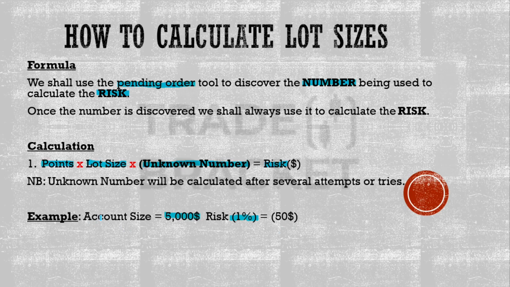Remember, when it comes to risk management, you want to risk a certain percentage of your account, preferably 1%. You can go as high as 2%, but I advise people not to go beyond 2%. Or you can even go below 1%, like 0.5%. But in this example, like I said, we're going to use 1%, which is $50.